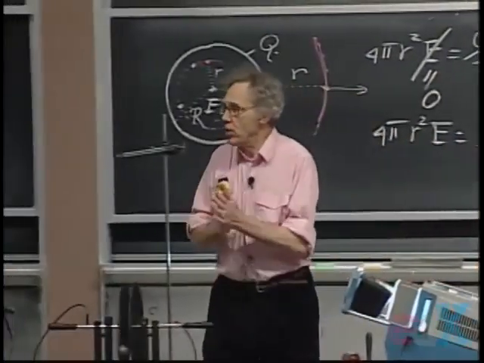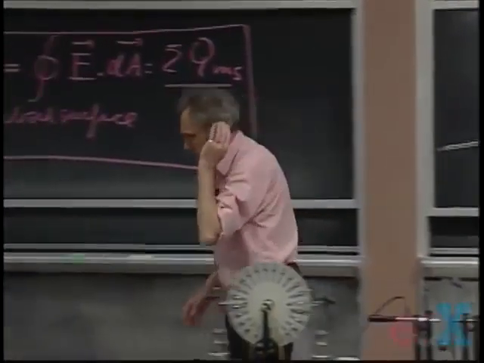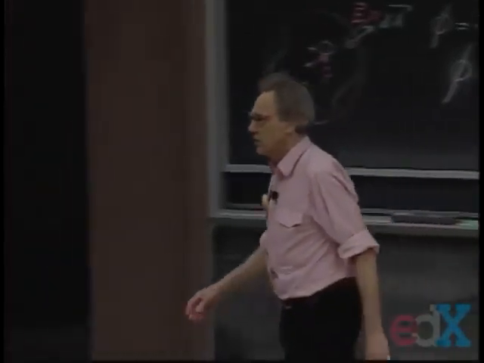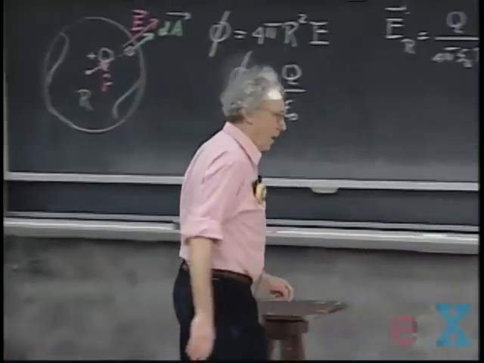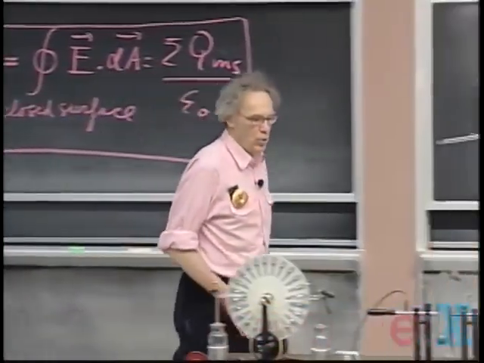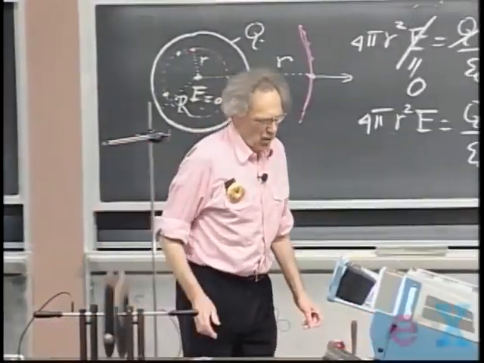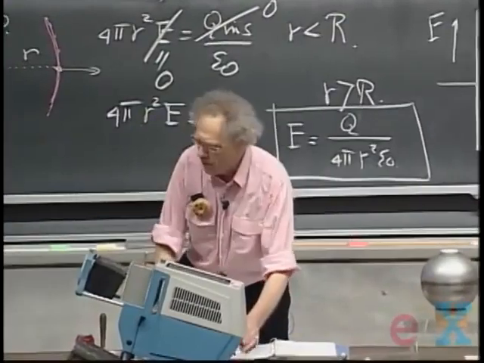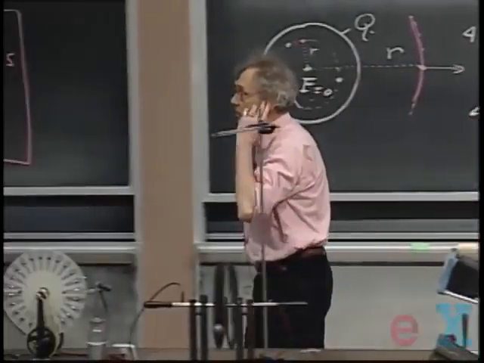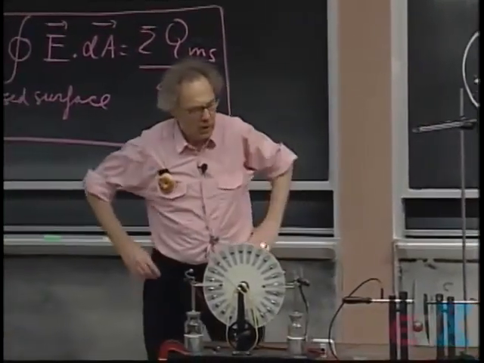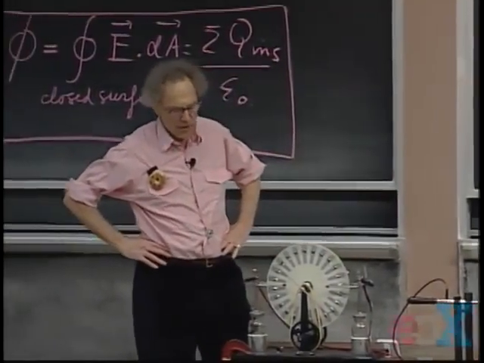The last thing I want to show you has to do with the fringe field that we have seen here. I have here two parallel plates which I'm going to charge with an instrument that we have not seen before, which is called the Wimhurst.